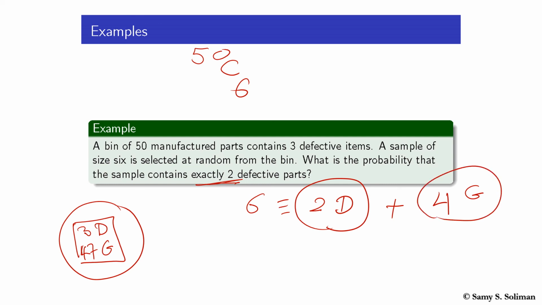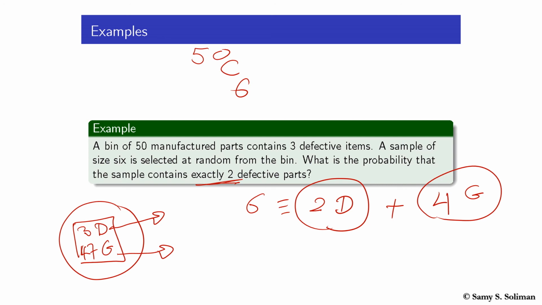What is the number of ways this can happen? Out of these 3 defective we choose 2, and out of these 47 good we choose 4, and the number of possibilities that these 2 cases happen together is their multiplication.